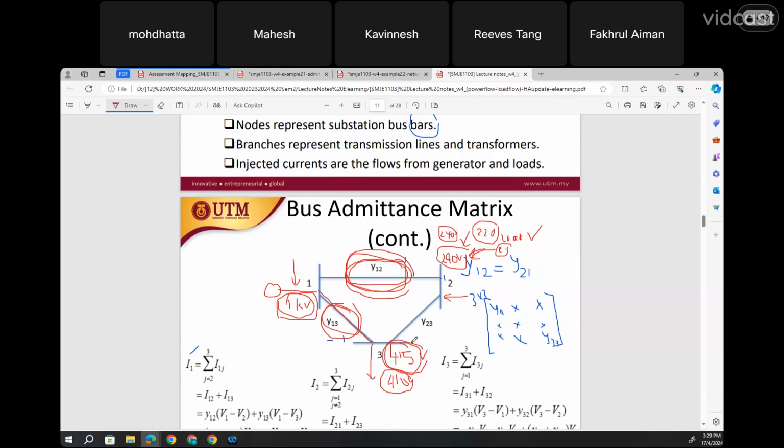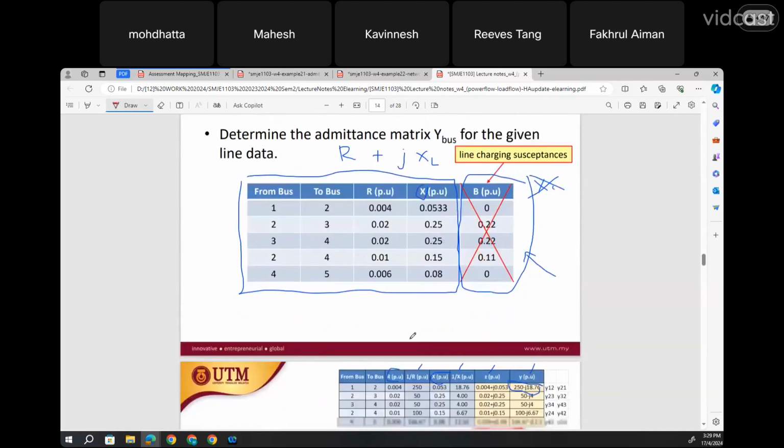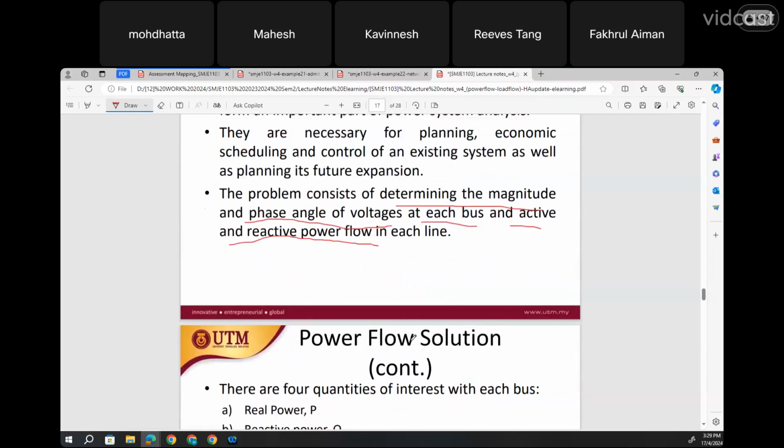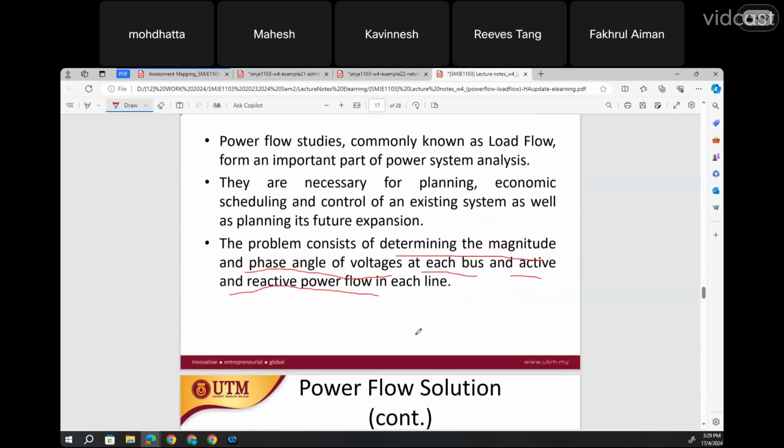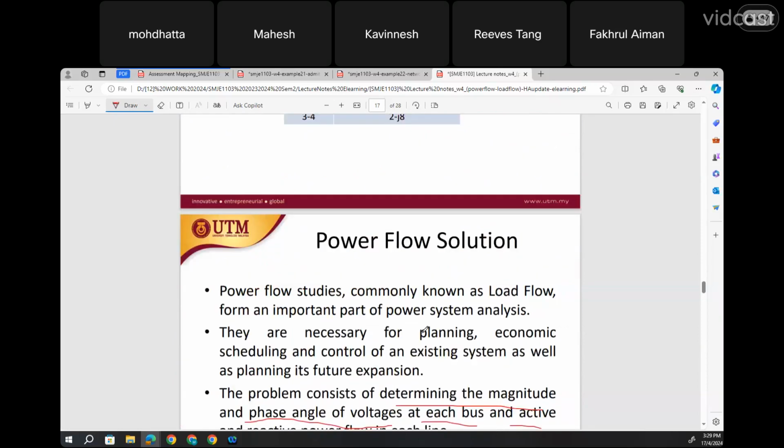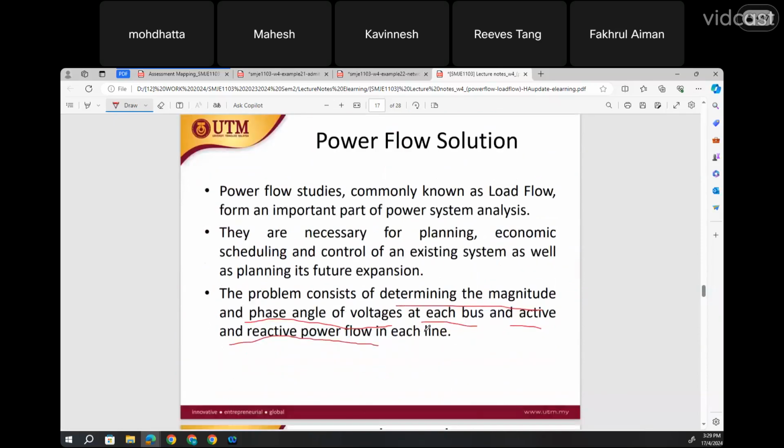So that is the general idea of why power flow analysis is conducted, so that the utility or the design engineers can estimate the losses due to the transmission and mitigate the losses.